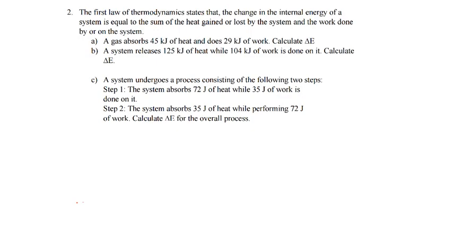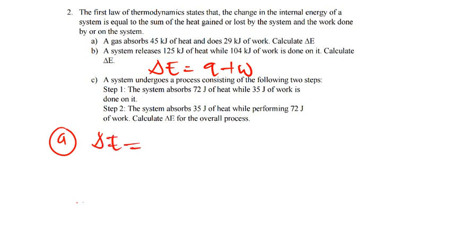So A says a gas absorbs 45 kilojoules. So don't forget about our formula. Is that gain or loss of heat? Absorbs, so that's gain. So 45, and then it does 29 kilojoules of work.